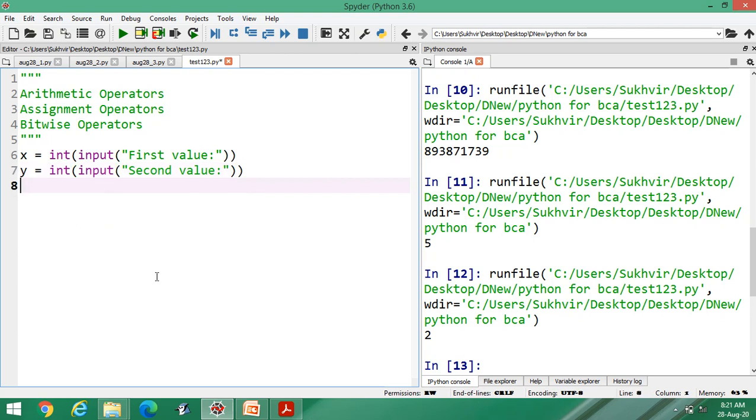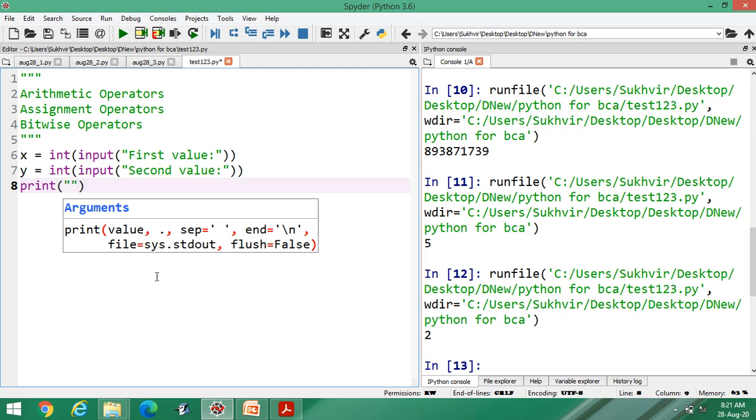Then you can print in double quotes sum is equal to x plus y.